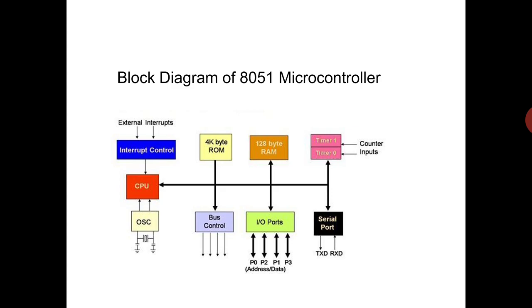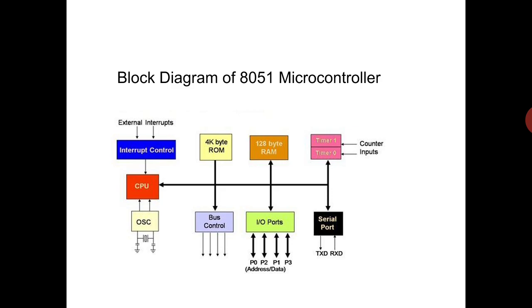These ports are bidirectional. Ports P0, P2, P3 can be used as input output ports, but they also exhibit specific functions related to 8051. Hence these ports exhibit dual function. The exception is P1, which does not exhibit dual function and is used only as an input output port.